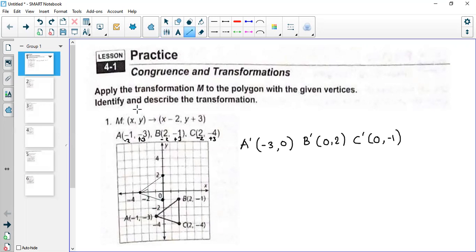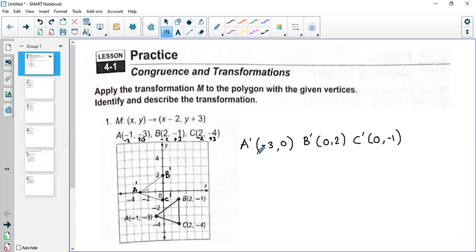As you can see, that was just a translation, just a moving of the picture aside, a slide of the picture, you can call it. So this is going to be the image, this is the pre-image.